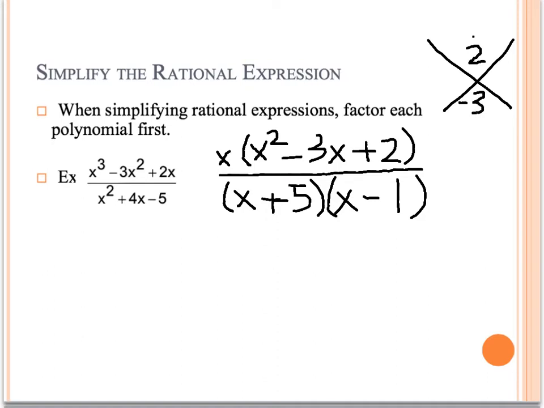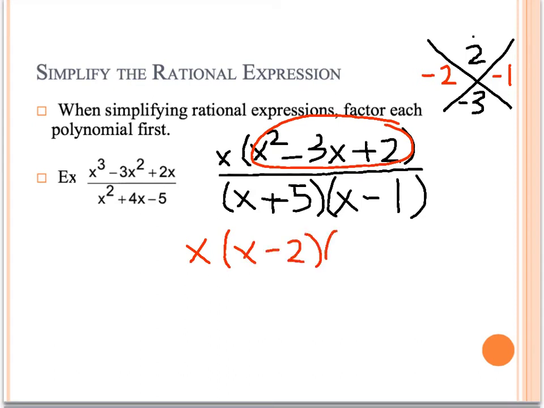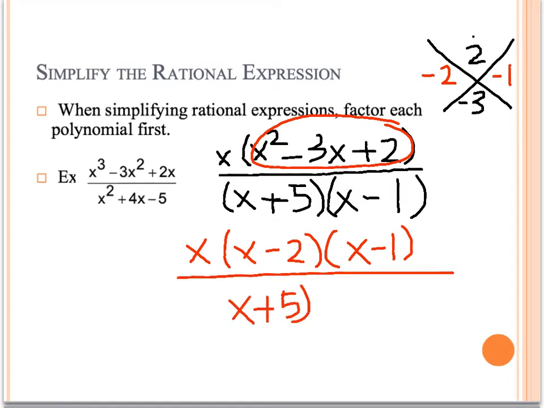And those two numbers are -2 and -1. So this trinomial is now going to be written as x minus 2 and x minus 1 all over a denominator of x plus 5 times the quantity x minus 1.